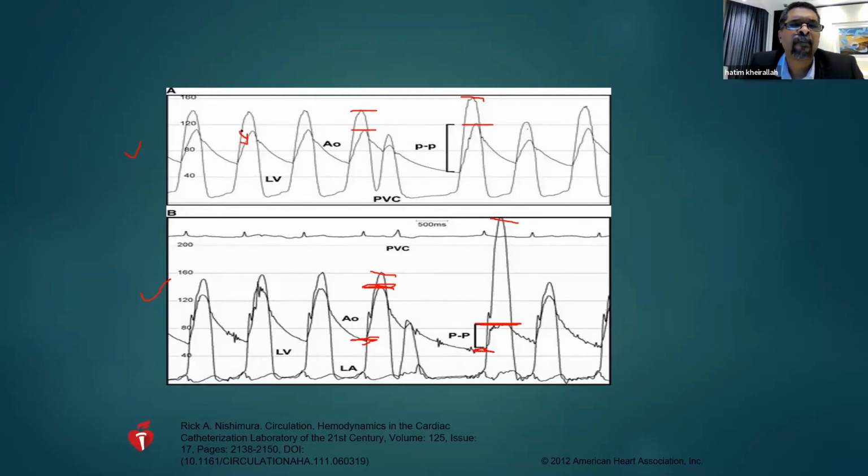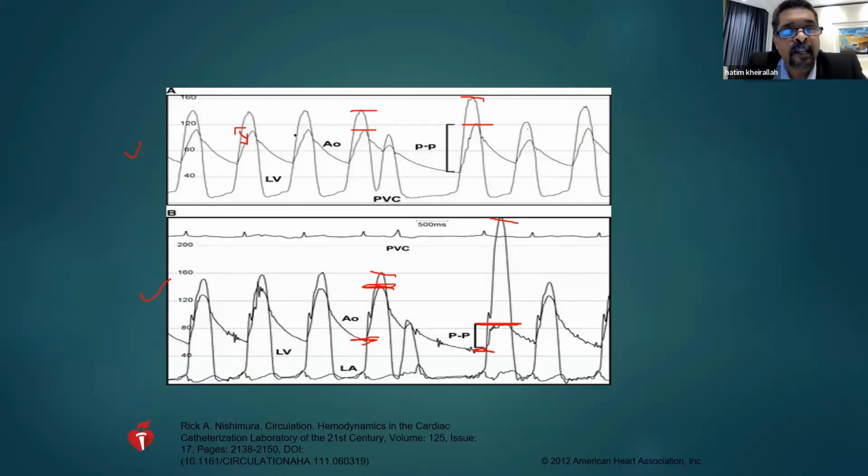Pulsus parvus is something clinical. In tardus, the upslope of the aortic pressure is distant from the LV pressure. There is a delay because of the severe aortic stenosis, so it opens a bit after the LV contraction.